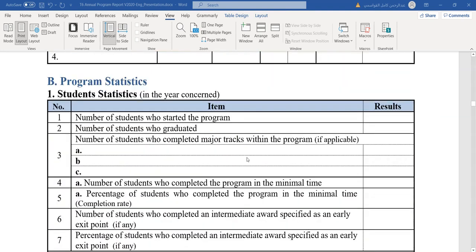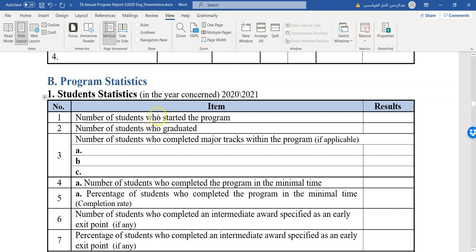For the next section, you have to provide the program statistics, student statistics in the year concerned. The year concerned means the year that we are writing our annual program report about, which is 2020-2021.